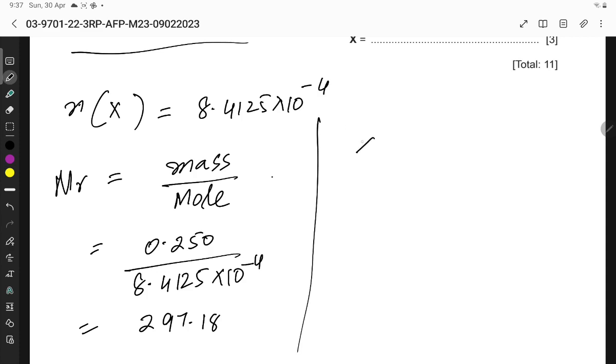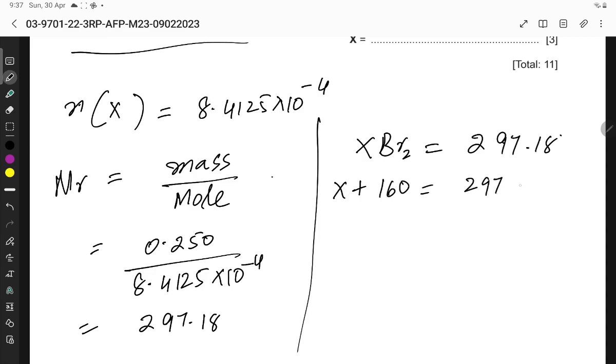So XBr2 is equal to 297.18, X plus Br2. Bromine mass is 160, so X is 297.18 minus 160, which is equal to 137.